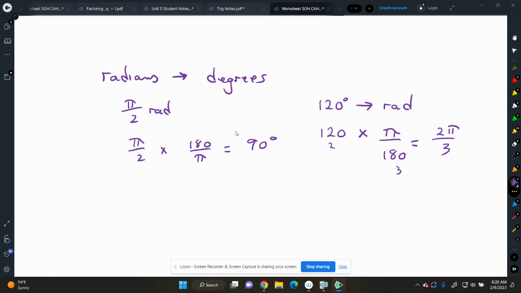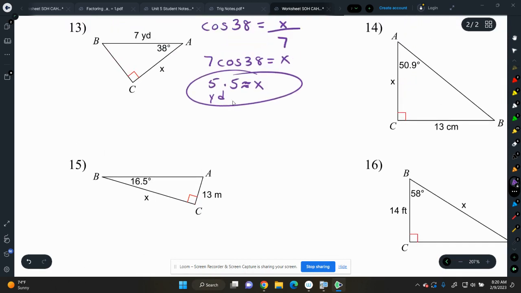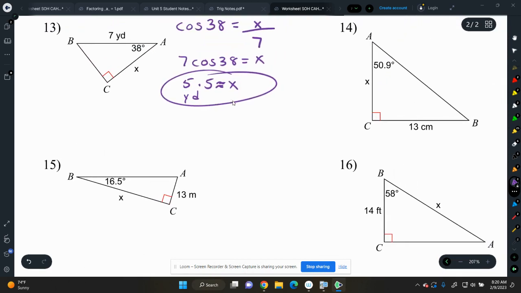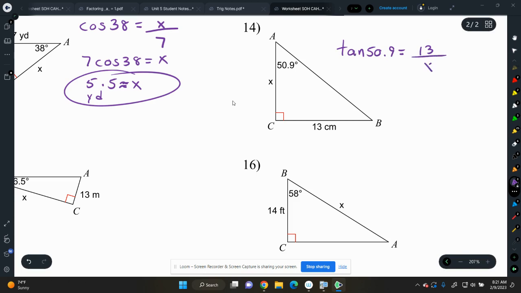Yes. Can you go over 14? Okay. So this one, we have an opposite and we have an adjacent. So this is tangent. Tangent of 50.9 equals opposite over adjacent. And when we're solving for the variable in the denominator, the shortcut is just to switch them.